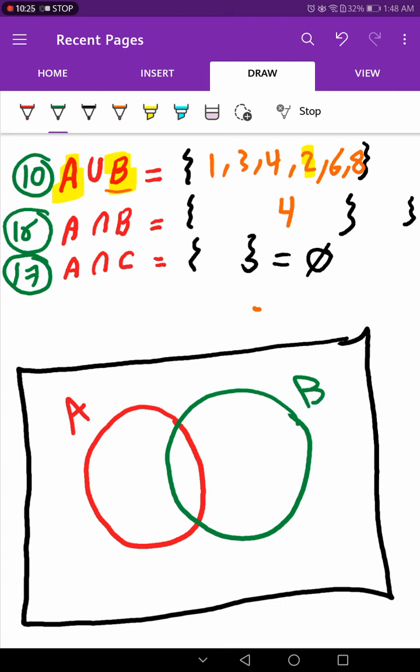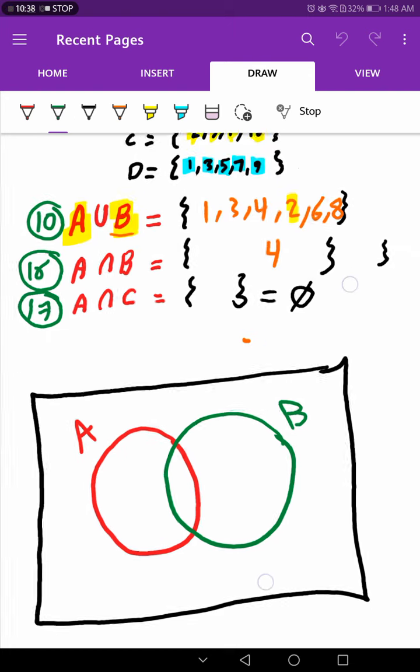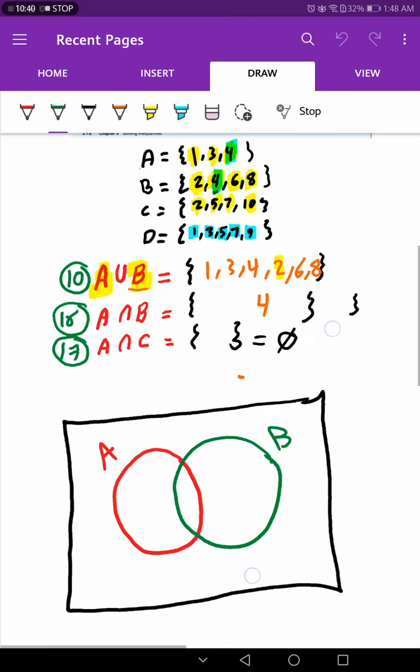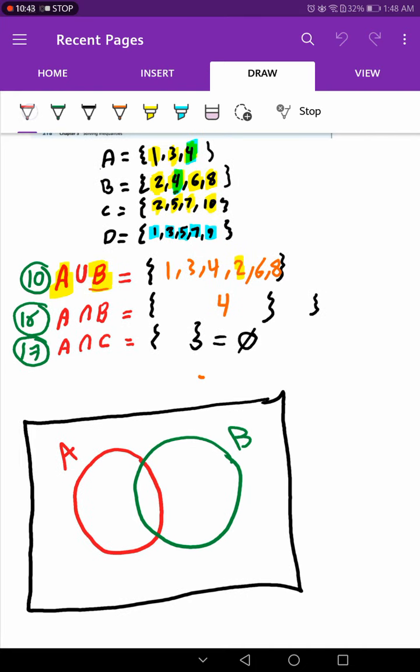Okay, and as you see here, the elements of set A are 1, 3 and 4. Let me write 1, 3 and 4. And the elements of B are 2, 4, 6, 8, from here, my dear student.